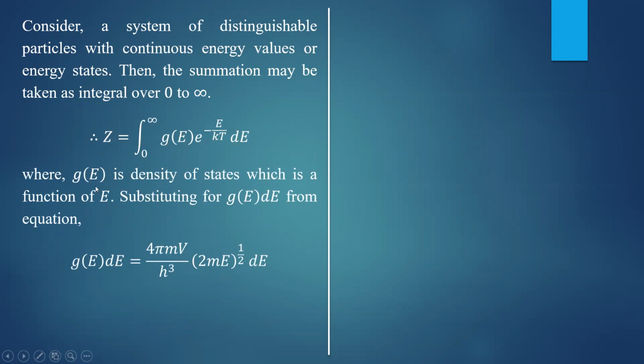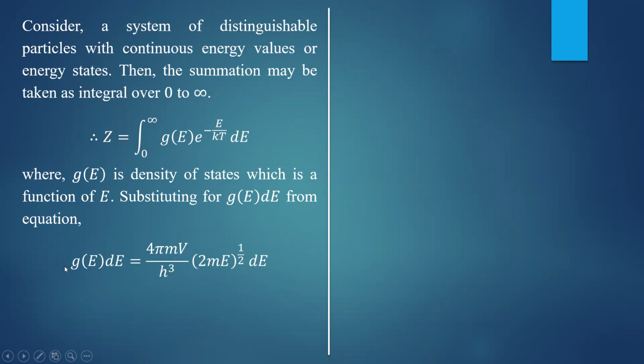Here g of E is the density of states. Already we have discussed it in one of the previous classes. I have just introduced this density of states at the beginning also. We know that the density of states g of E is a function of E, and the expression for g of E dE is 4 pi mV divided by h cube into (2mE) to the power half dE.